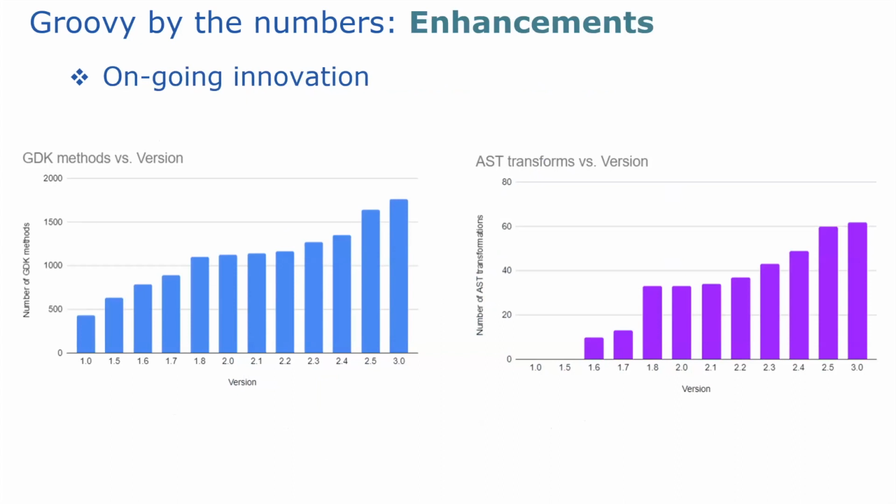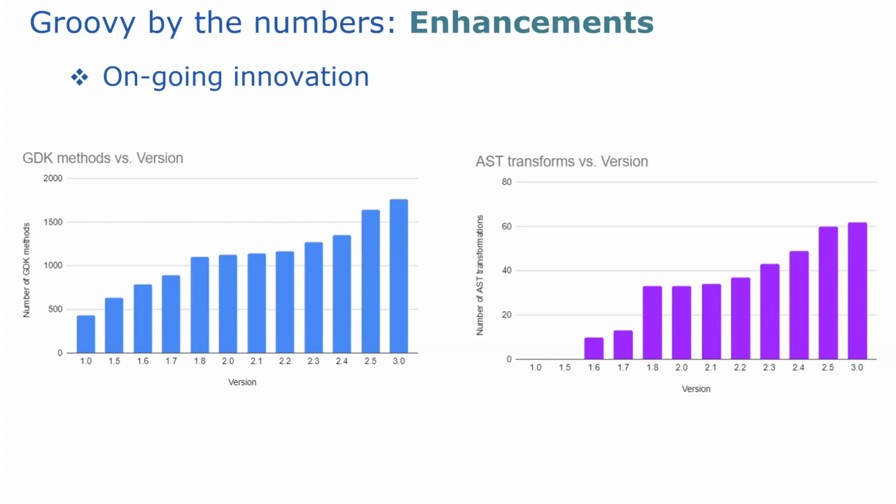What does Groovy provide? It provides a whole lot of bells and whistles and enhancements, if you like, over what Java would give you. And even though it's a very, very crude measure, you can look at the number of methods that are in the GDK. So these are all the extension methods. One extension method might add a size method to a list or a string or whatever, and that's one method.